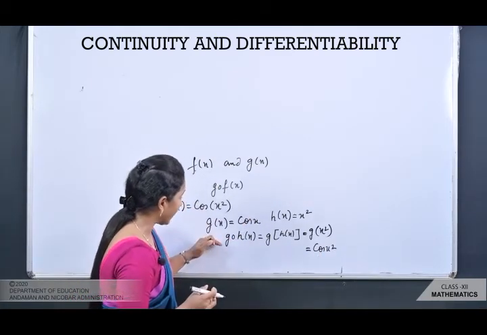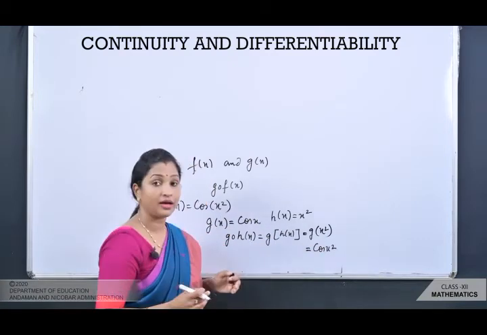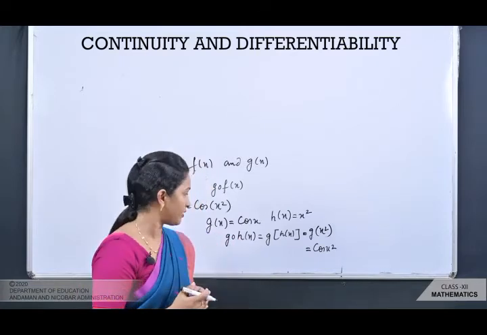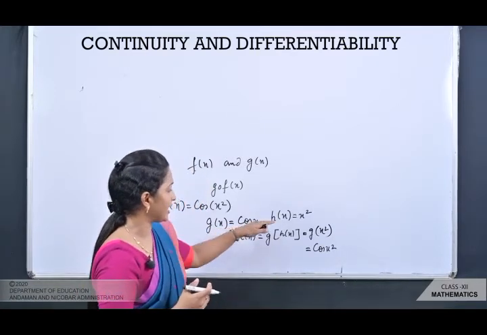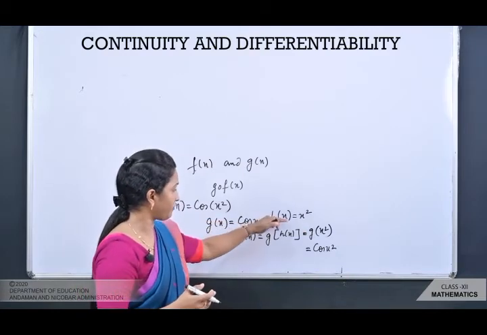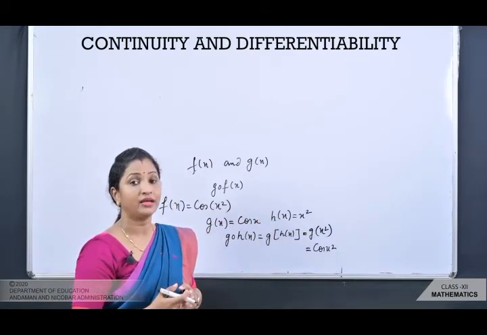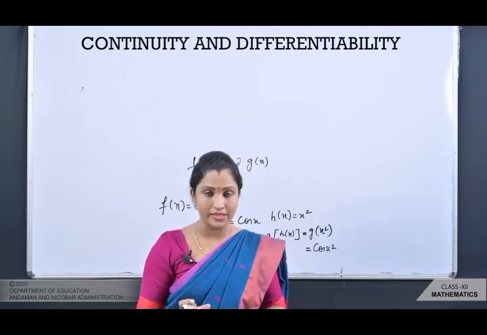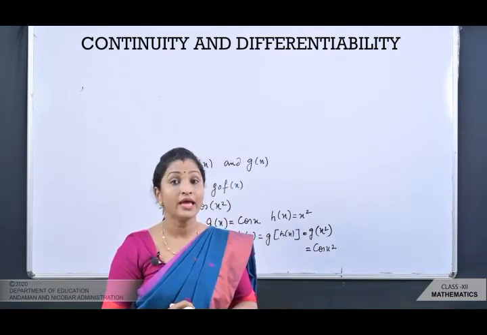So you can say that this cos x square is a composition of 2 functions g(x) and h(x), where g(x) is cos x and h(x) is x square, and we know that both these functions are continuous, and there is a very important result that if 2 functions are continuous, then their composition will also be continuous.